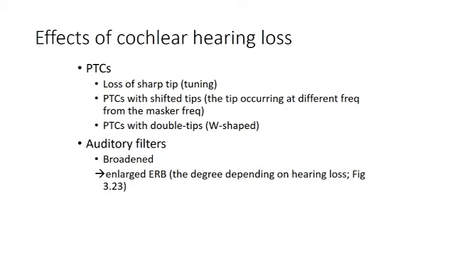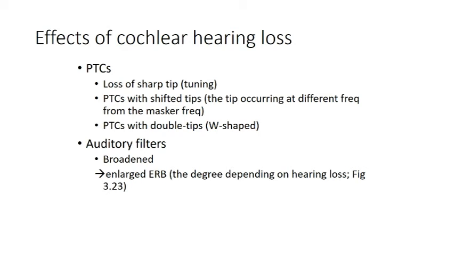So this is one reason that people with cochlear hearing loss may have additional difficulty understanding speech in background noise. Normal hearing listeners, when we listen to speech in background noise, as long as the noise level is not overwhelmingly loud, are able to differentiate the target sound in the background relatively easily using these auditory filters.